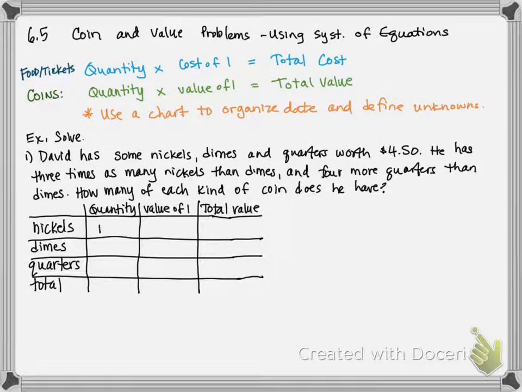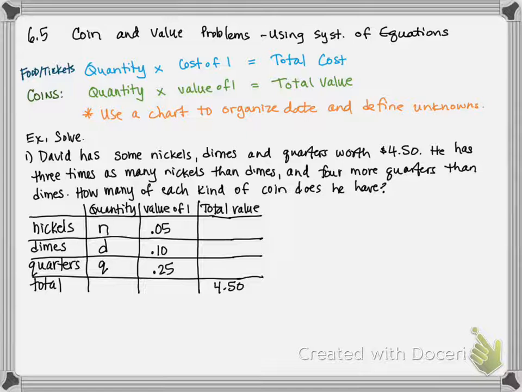So I'm just going to use N to be the number of nickels, D for the dimes, Q for the quarters. I know their values. A nickel is worth 5 cents, a dime is worth 10 cents, and a quarter is worth 25 cents. They tell me that all those coins together are $4.50. That's my total.